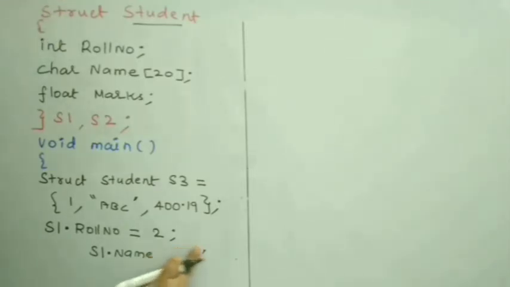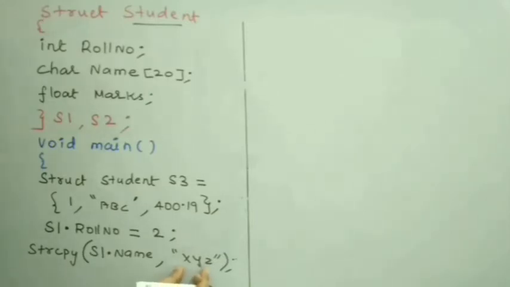If I want to assign values during run time, I may make use of a built-in function. The built-in function I am going to use is string copy, strcpy. So assign the value xyz to this variable s1 dot name. The second parameter is assigned as value to the first parameter, that is s1 dot name.